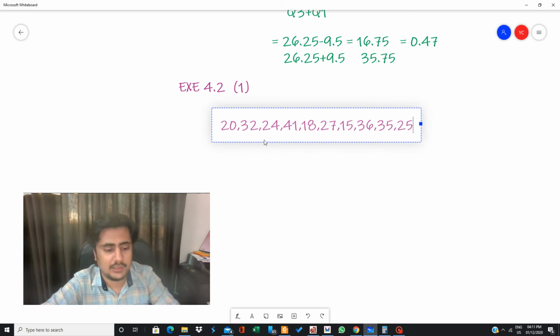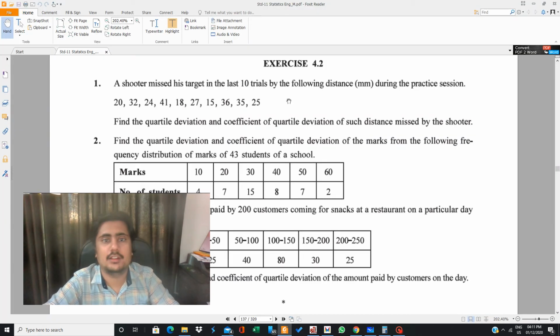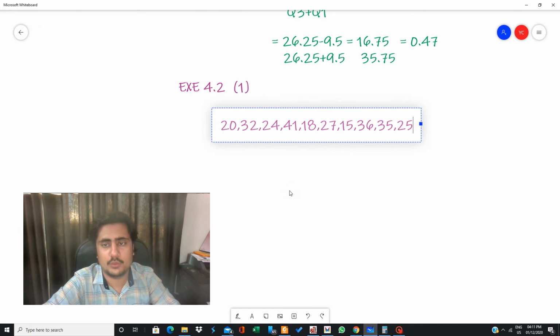It's 20, 32, 24, 41, 18, 27, 15, 36, 35 and 25. You have to find quartile deviation and coefficient.